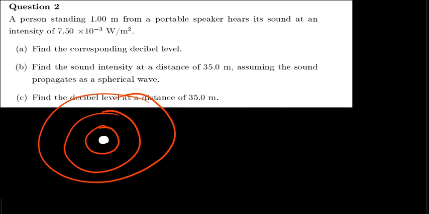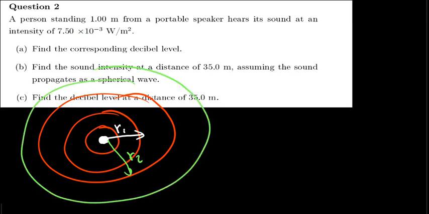From this point all the way to that point, let's call it R1. That is the radius of the sphere. Then from that point all the way to the last point, we'll have R2. It will keep on going just like that, and the wave will just be propagating. That is what we call the spherical wave.